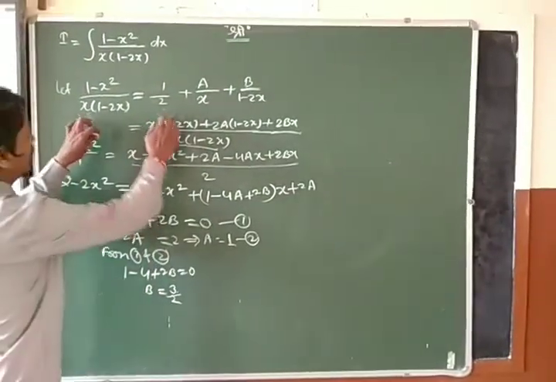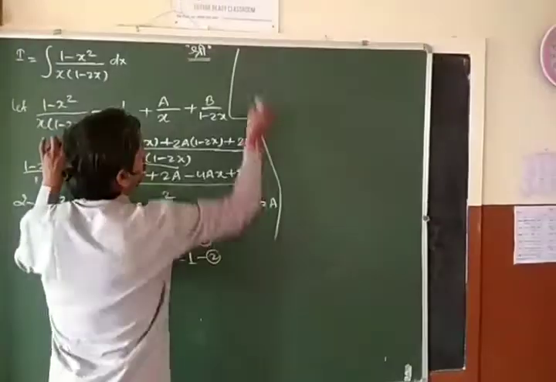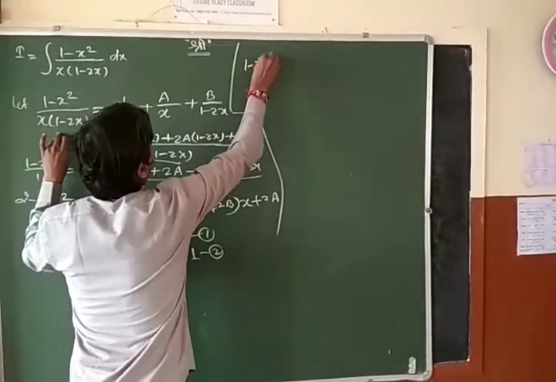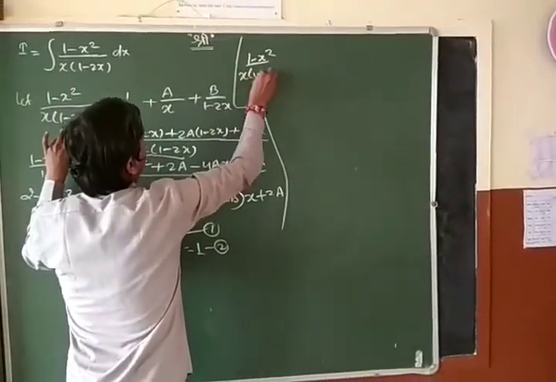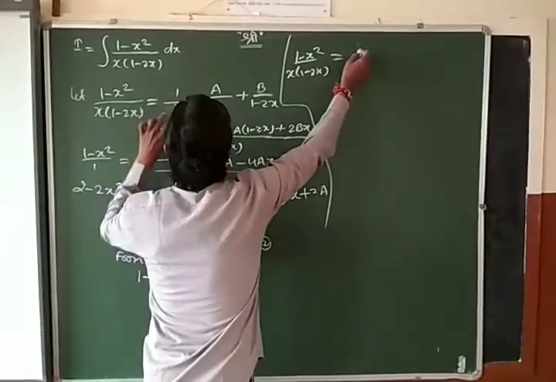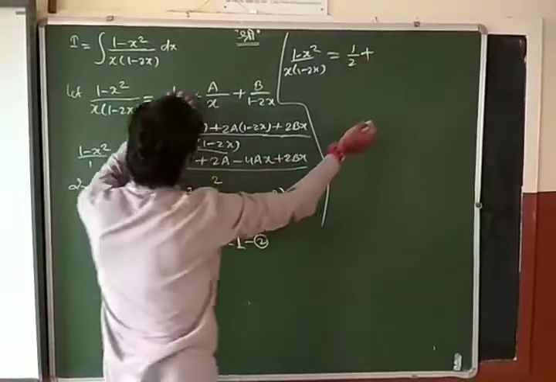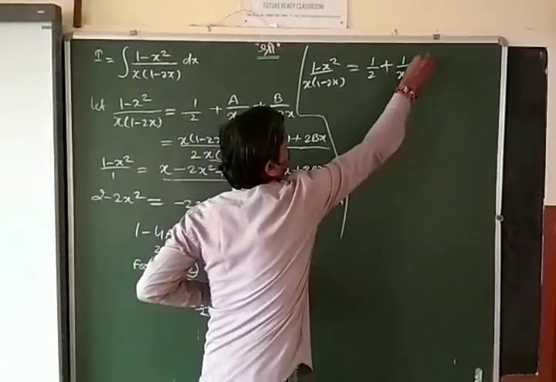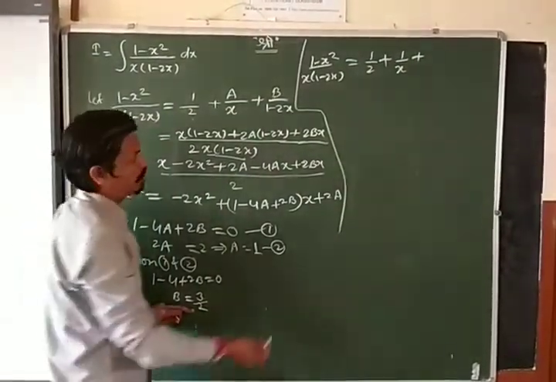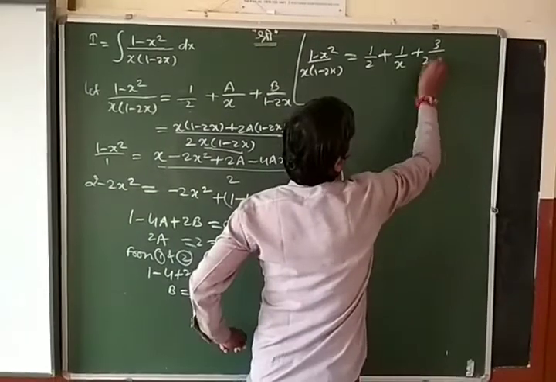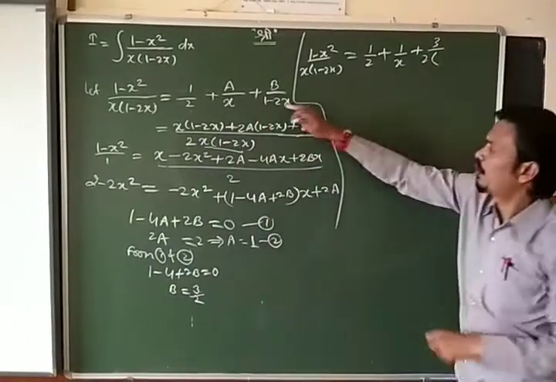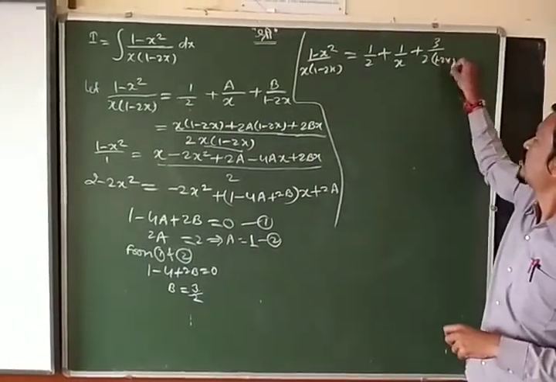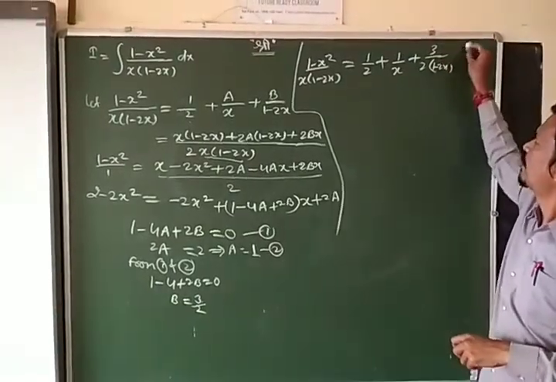So our fraction 1 minus x square upon x into 1 minus 2x becomes 1 upon 2 plus a, which is 1 upon x, plus b, which is 3 by 2, into 1 upon 1 minus 2x. Okay, so our fraction becomes like this.